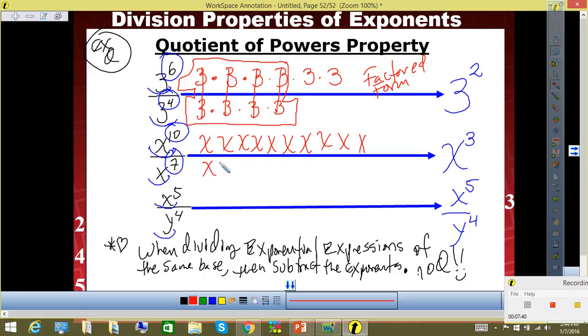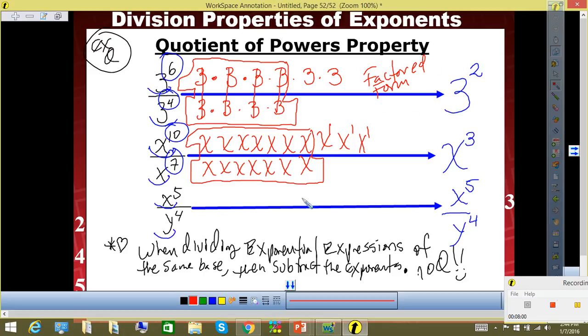And 7 down here: 1, 2, 3, 4, 5, 6, 7. Do you see the giant 1? There it is. And what do we have left? X to the 3rd. Why? Because this plus this plus this is that. Does that make sense? Yeah. When in doubt, factor out.